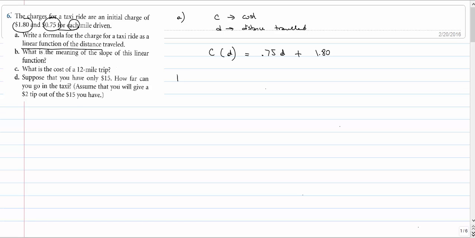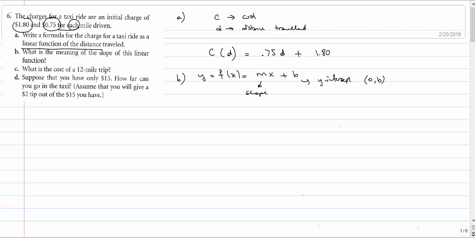And B, what is the meaning of the slope of this linear function? You know that y is a function of x, and it's in the form mx plus b. And b is your y-intercept, and m represents your slope.